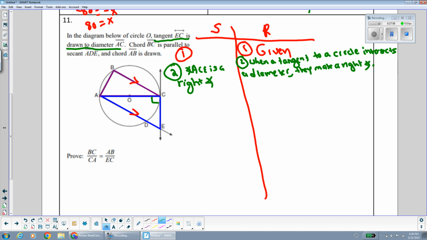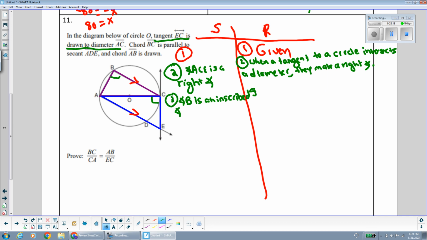So now that I found a right angle in the blue triangle, I want to try to find a right angle in the purple triangle. And you might be thinking it's this angle, and it is, but we have to explain why. Notice how angle B is an inscribed angle.